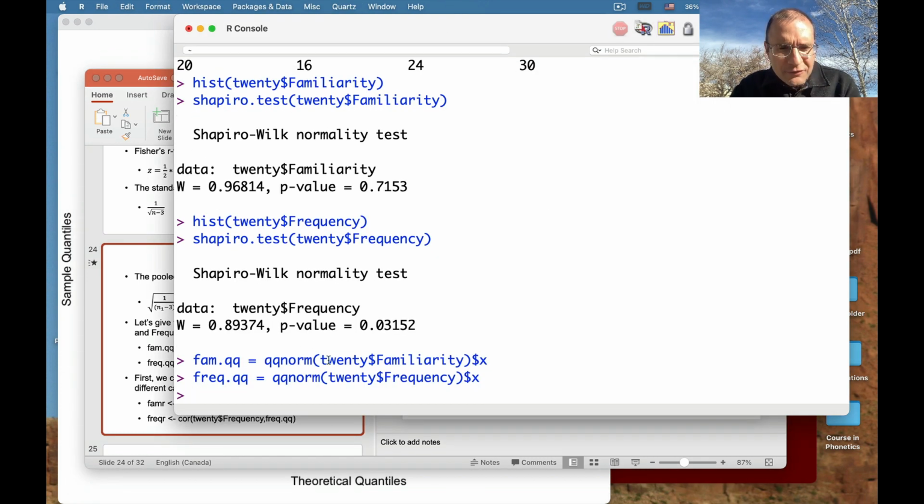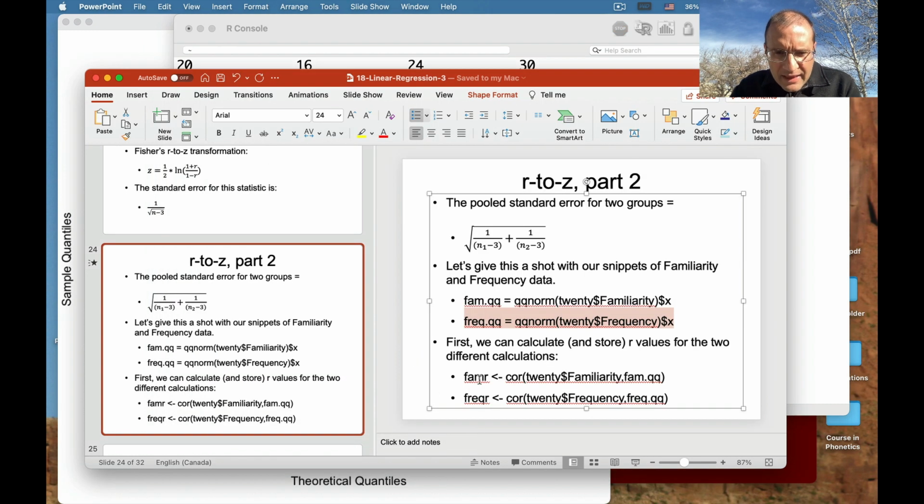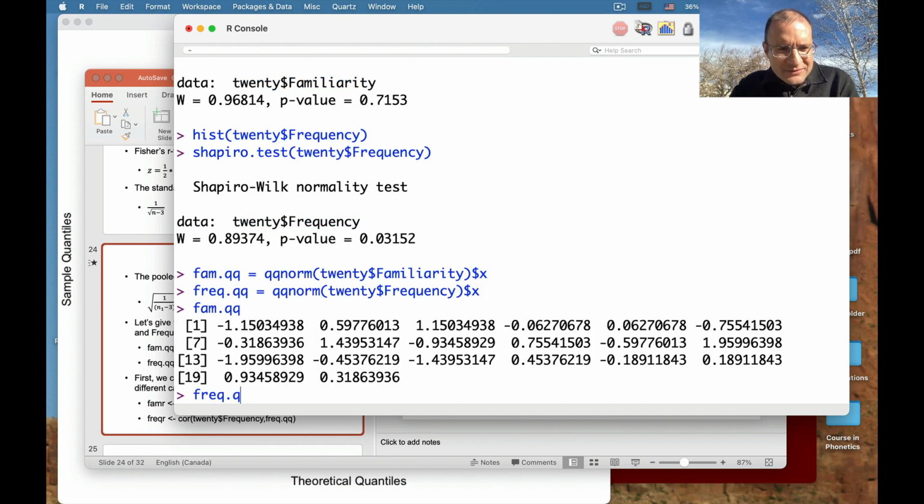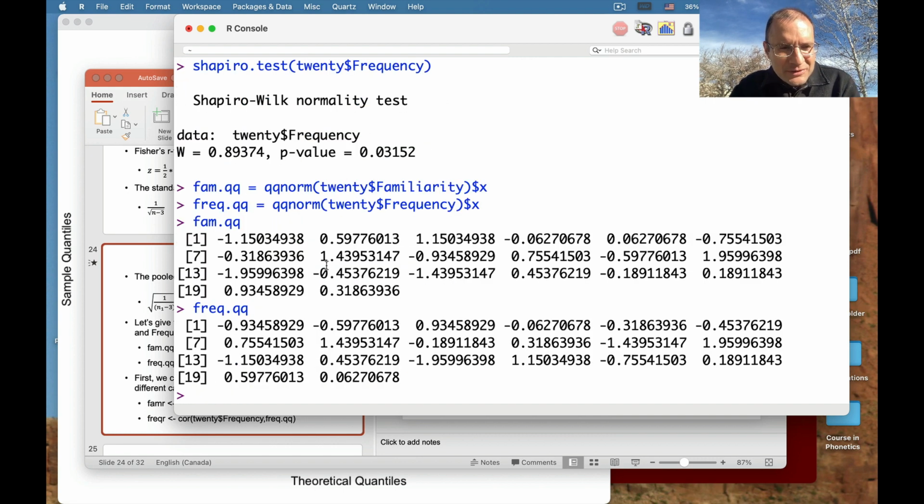And again, this is just for these familiarity and frequency numbers from the first 20 words in that database. And then what we need to do is calculate the R values for the two different calculations. Actually, I haven't looked at this. So these are just where the QQ values are supposed to be.